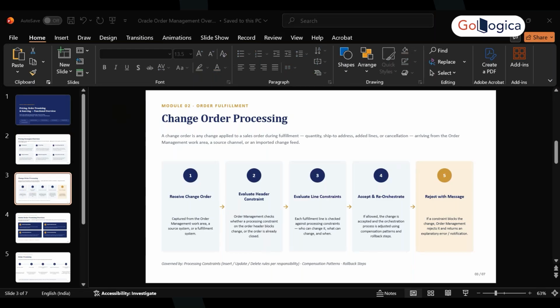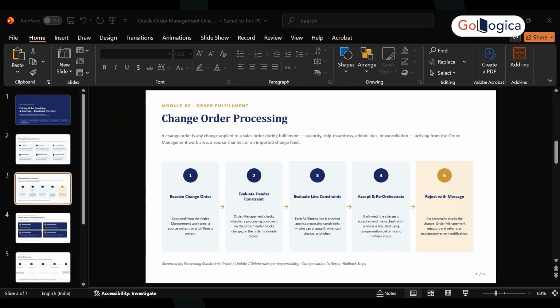Similarly, deleting an order line after invoicing is normally prohibited because it would create inconsistencies in the inventory and financial records. And these validations are controlled through the processing constraints, which define who can make the changes, what can be changed, when changes are allowed, and which types of changes are allowed.